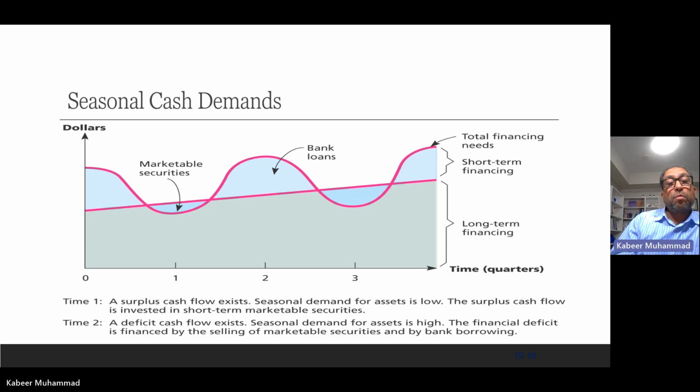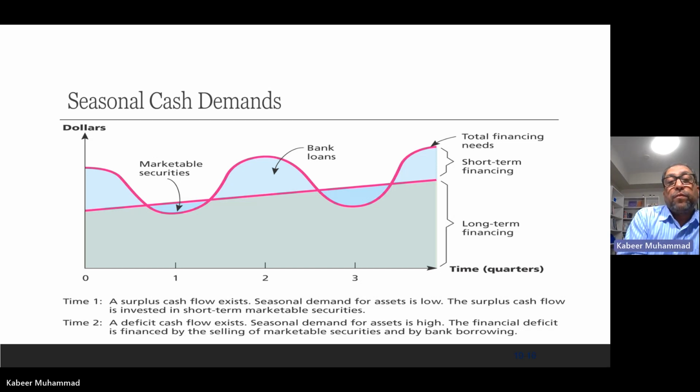And this graph is going to represent, like we discussed last time, short-term financing, how we require it. So there is a conservative policy, there is a flexible policy, and we see that this straight line is our long-term financing.